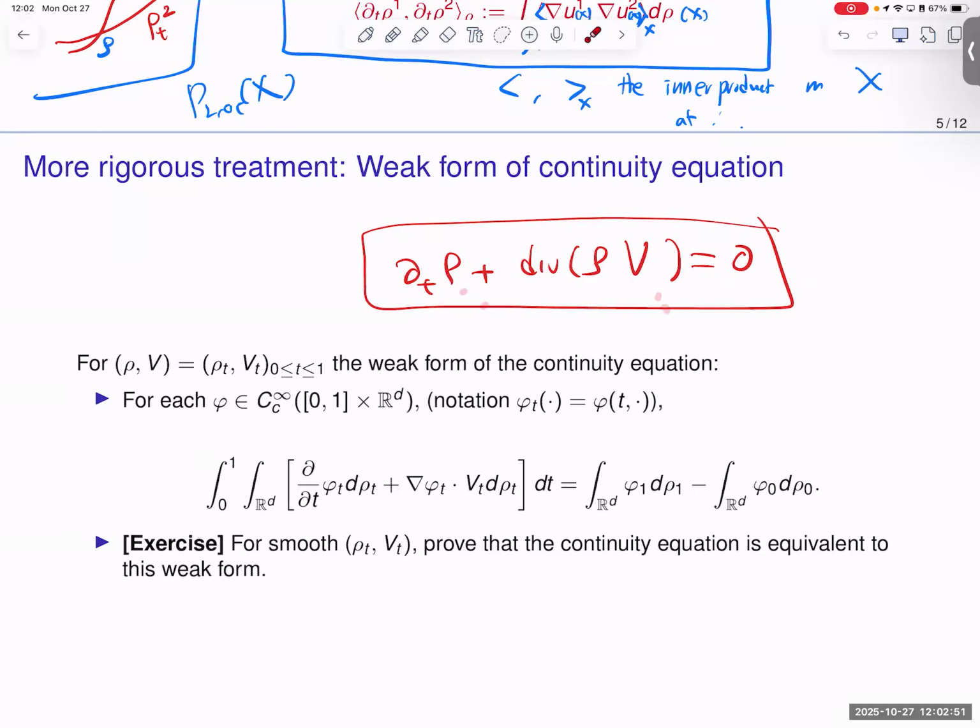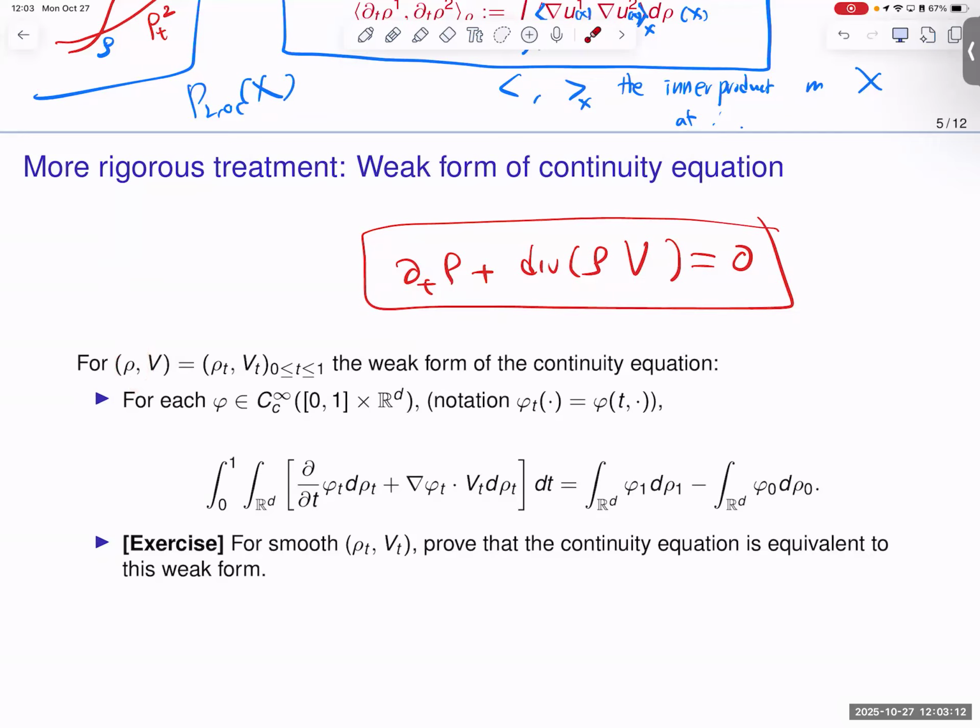At each location x and time, you need to be able to differentiate this in x and t. But when it comes to distributions, the measures.